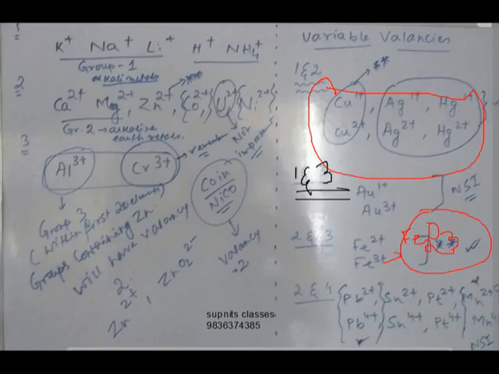So this is basically having a valency of 3. For ferrous, it is having a valency of 2. Iron is the only element normally used having a valency of 2 and 3.